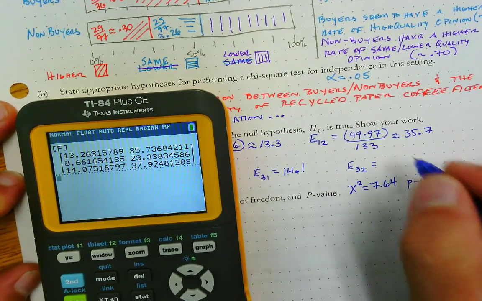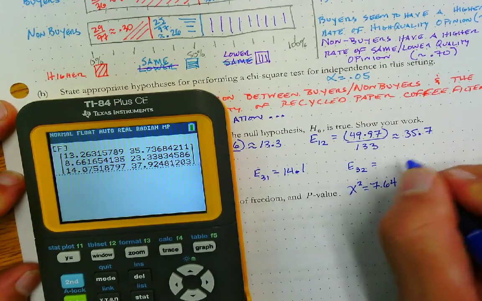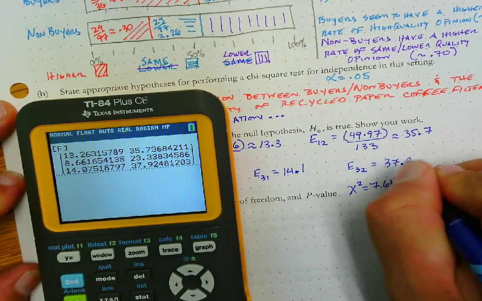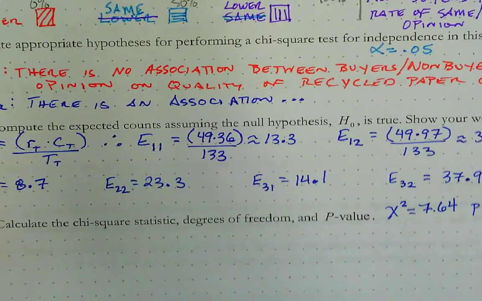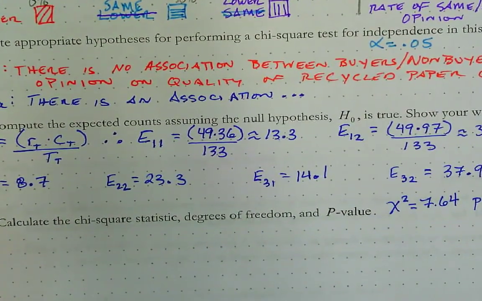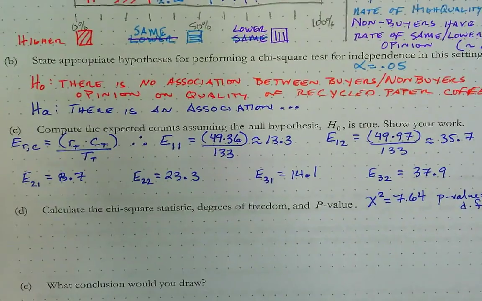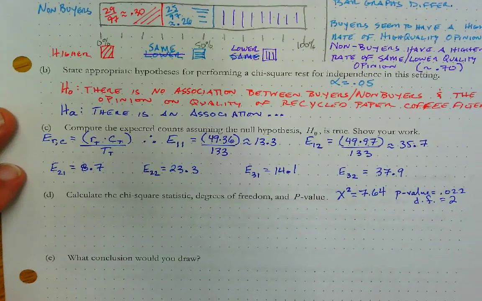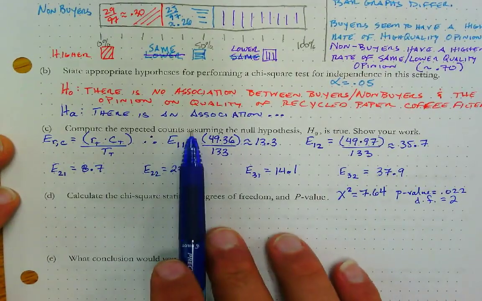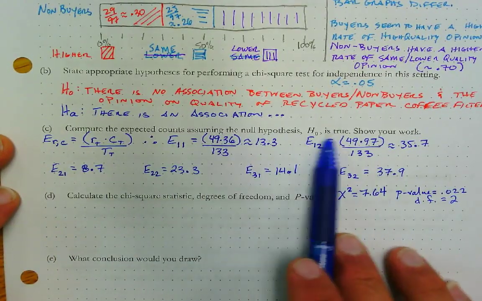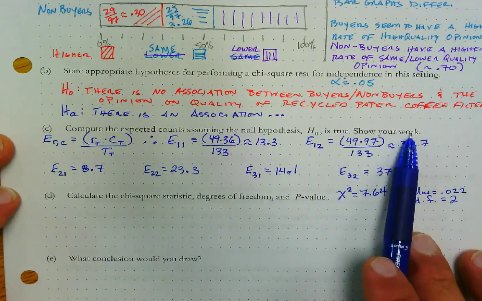And third row, second column, about 37.9. Let me zoom back out. There we go. So there are my computed expected counts, assuming the null hypothesis is true. And we have shown our work.